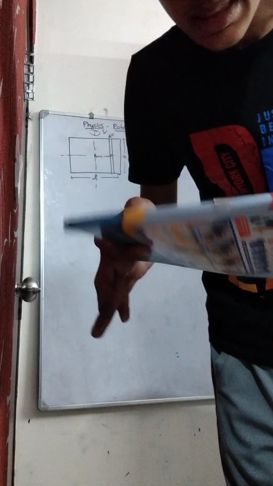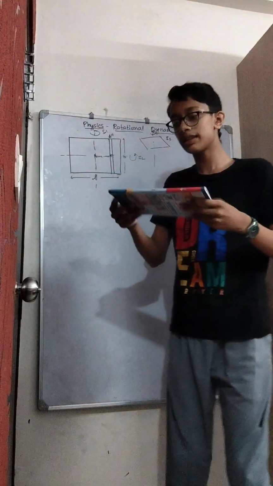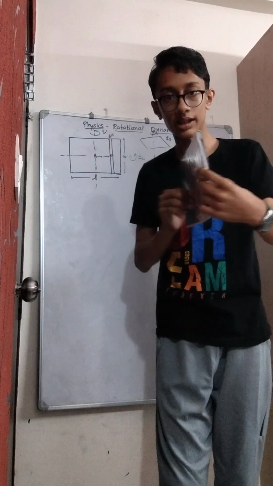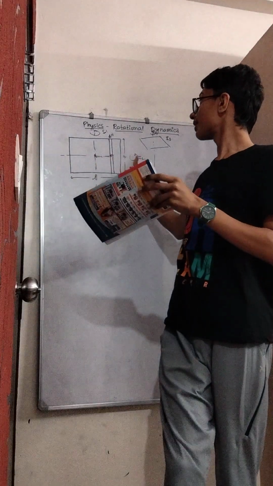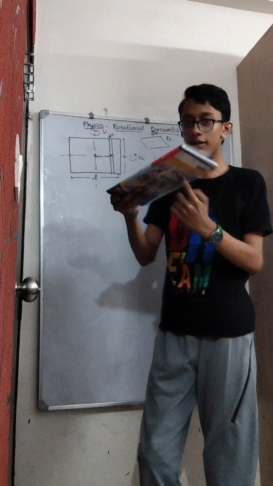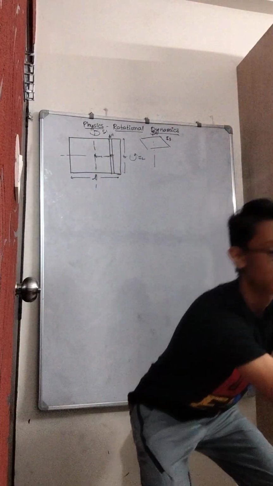So now, this is a rectangle. Now I want to put it along this axis. That means it will rotate like this. Now this axis, that means it will rotate like this. Now this axis, that means it will rotate like this.